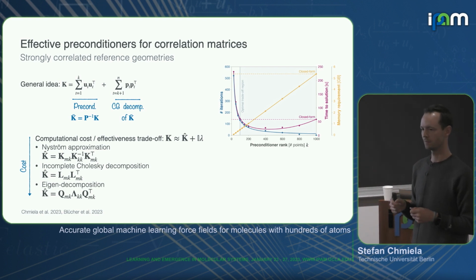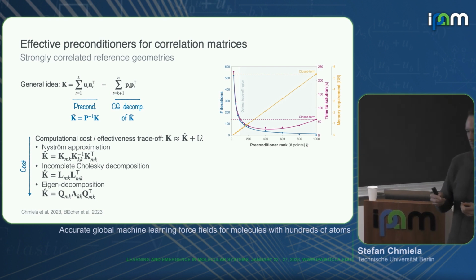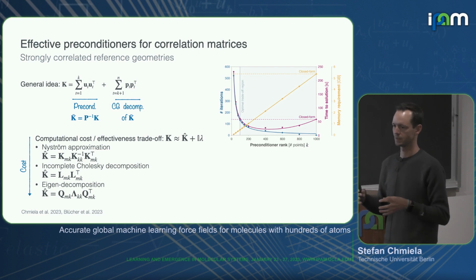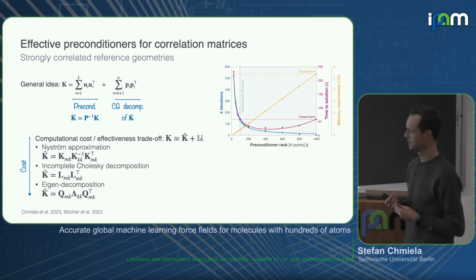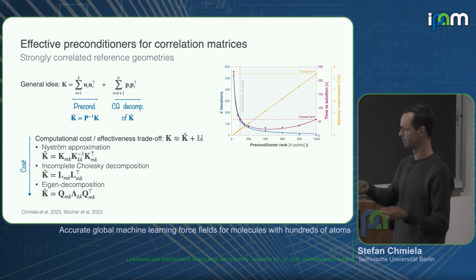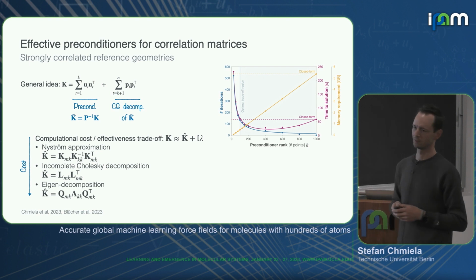So we pick one column, and then in this incomplete Cholesky approach, we would create a Nystrom approximation, then look at the Schur complement of this approximation to project out this first dimension, and then go on and project out the next dimensions.